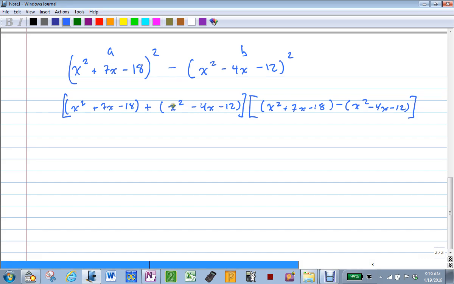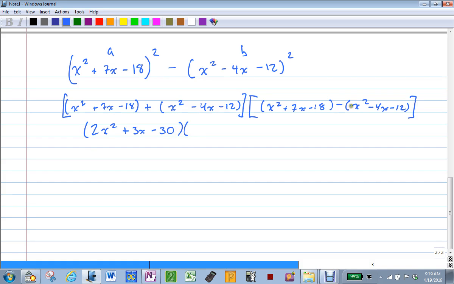x squared plus x squared is what? 2x squared. 7x plus negative 4x is 3x. Negative 18 plus negative 12, negative 30. Cool? That would multiply by this side.